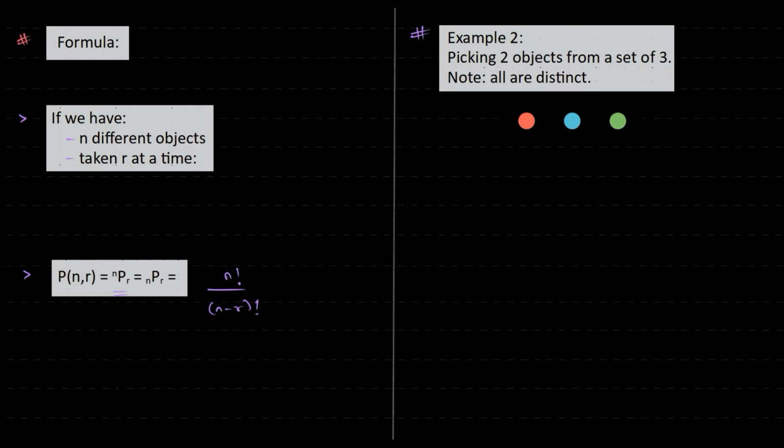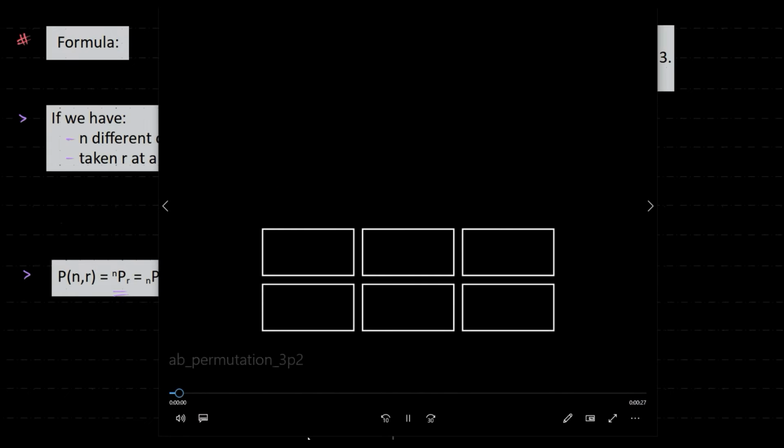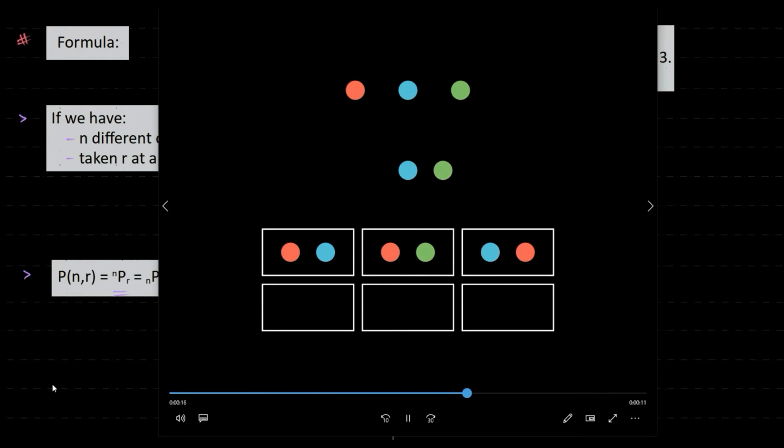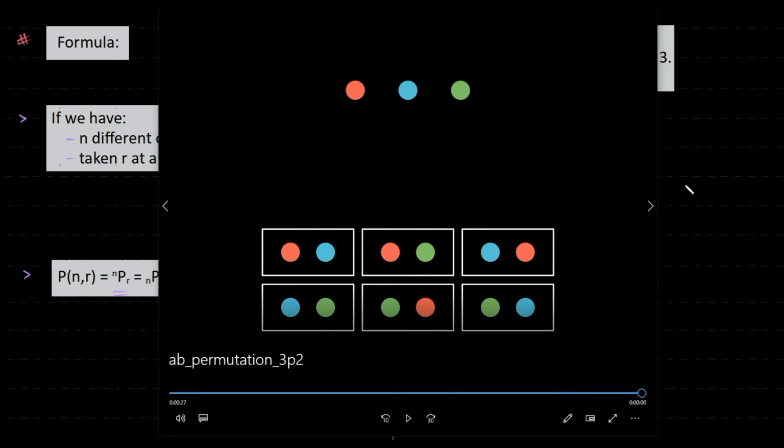So we have seen this before. I'll just play it again. We have 3 objects, n is 3 over here. We are selecting 2. So we have seen this, we'll end up with 6 different ways, right?